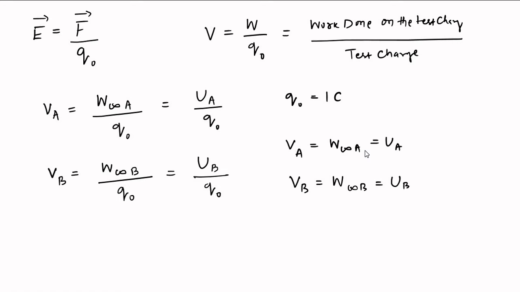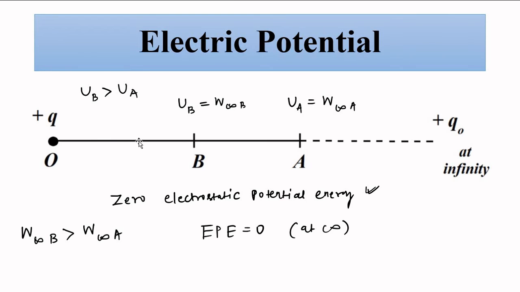So the electric potential at any point in an electric field is simply the amount of work which has to be done in moving a unit positive test charge from infinity or a far away distance to that particular point against the electrostatic force of repulsion. Here both are positive, so there is a force of repulsion. If it had been an opposite charge, then it would have been an attractive force. So electric potential is simply work done by charge.